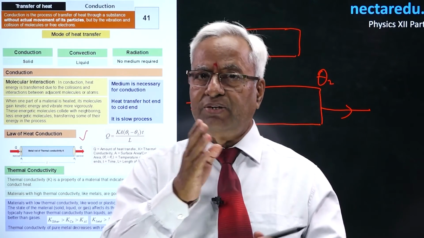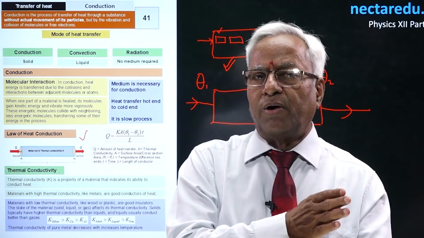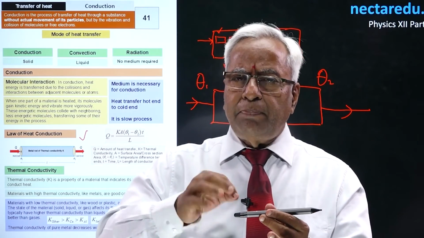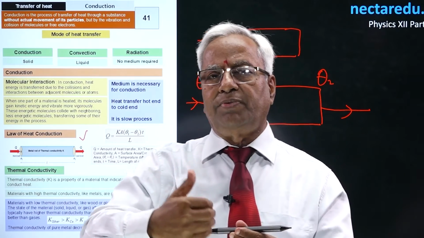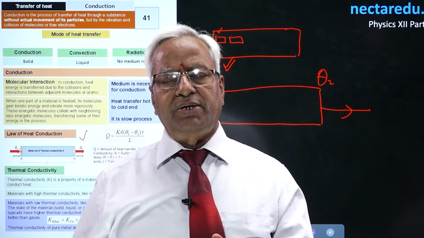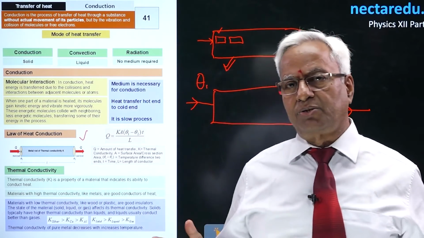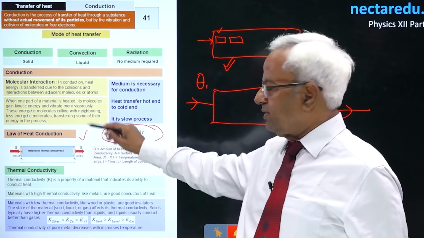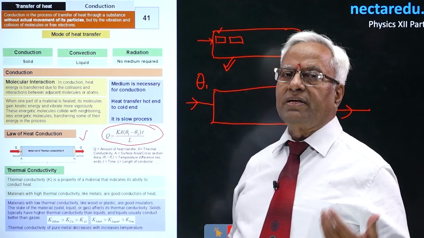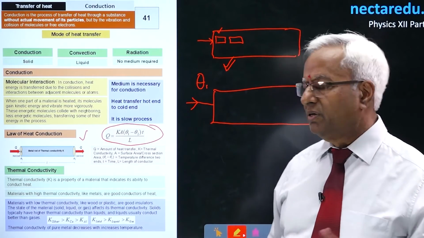There might be differences in temperature at various points, but every part will have a temperature constant with respect to time. That is what we exactly call a steady state. So this is automatically understood: whenever we define any relation like this, it is going to be applicable for a steady state only.